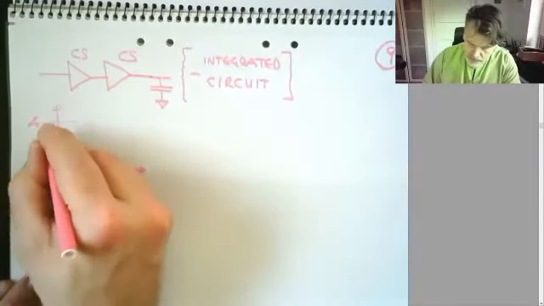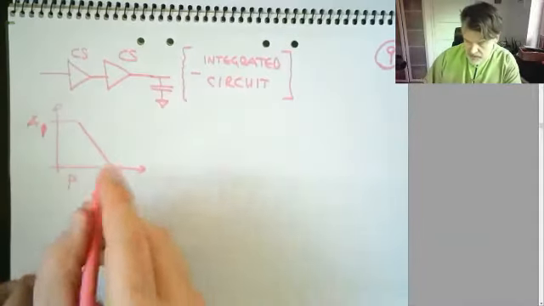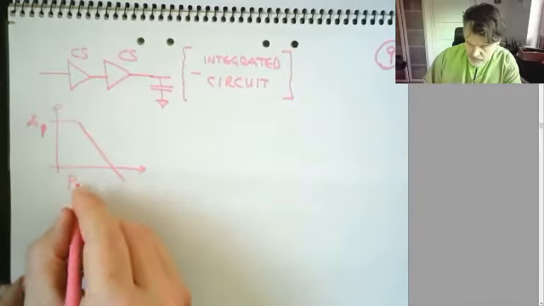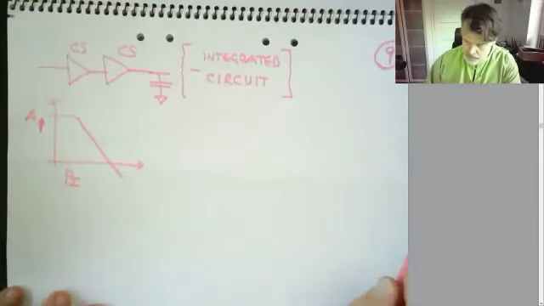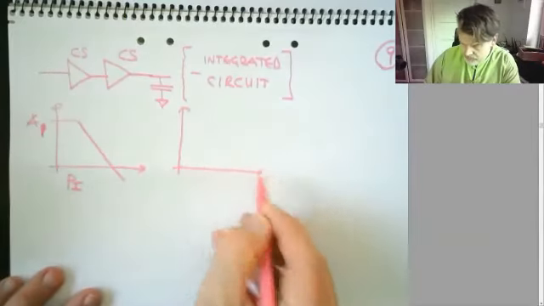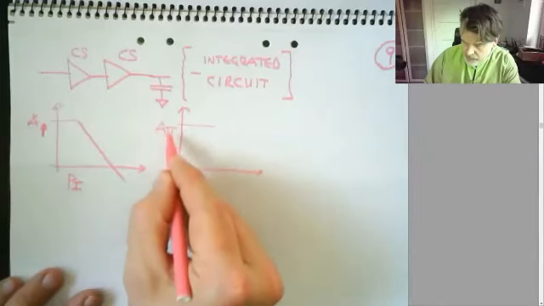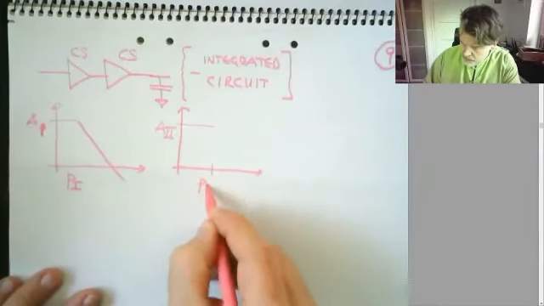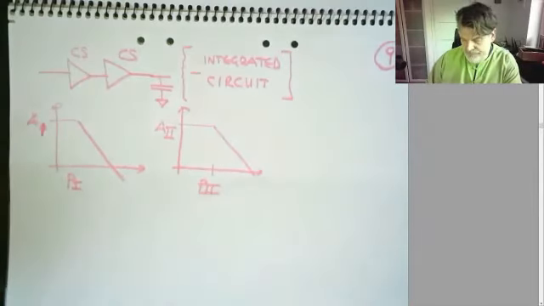Let's call it A1 Roman 1, and then we have P1 Roman 1. So that's my first stage, and the second stage will have maybe pretty similar, A2 Roman 2 and P2 Roman 2, like this.